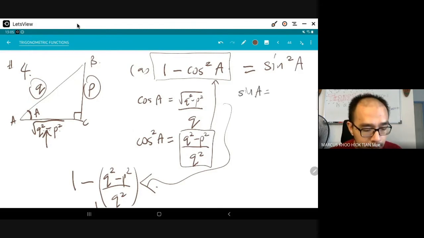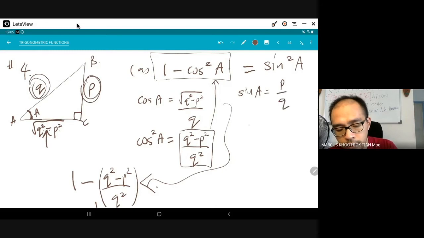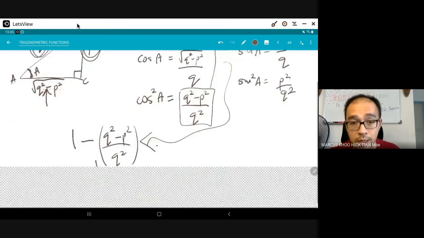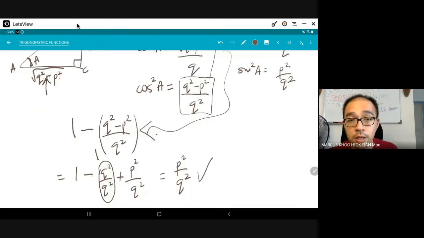Sine A is opposite over hypotenuse, P over Q. Therefore sine squared A equals P squared over Q squared, which is the same answer that we got just now. P squared over Q squared.